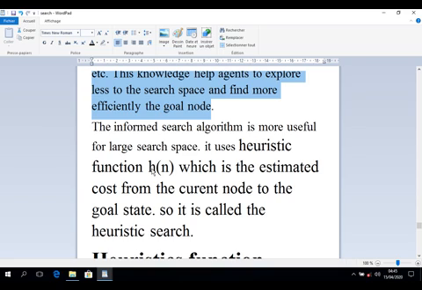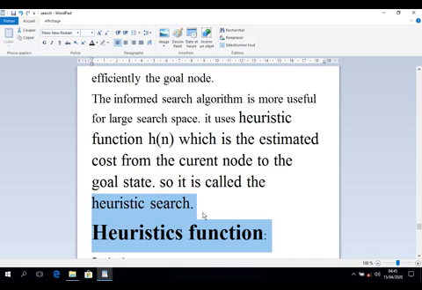So the search can be very efficient. So it is a kind of intelligent search. Fine. The informed search is more useful for large search space. It uses heuristic. So we have what is called the heuristic function, h(n). n is the current node, and h is the heuristic function.